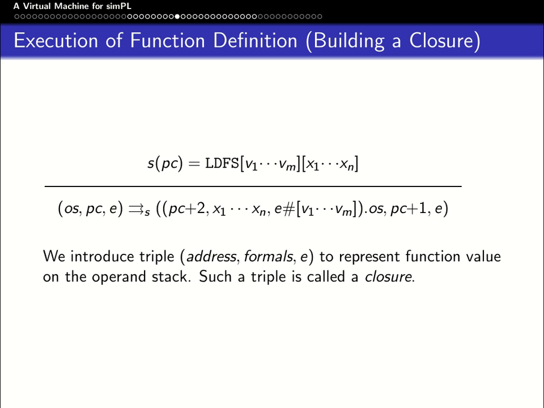Cool. So this triple is called a closure. It's a standard concept. It's not just a lambda, because when you say lambda, depending on the context, in a lot of languages the lambda is expected to be pure and independent of the context.